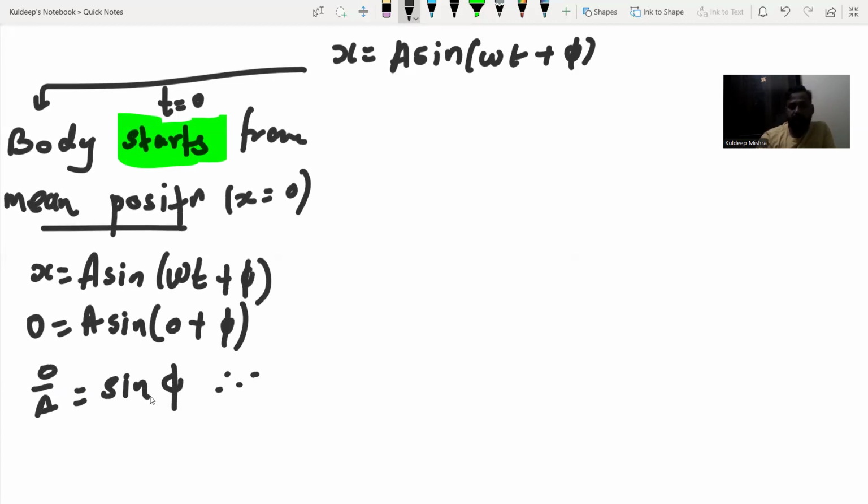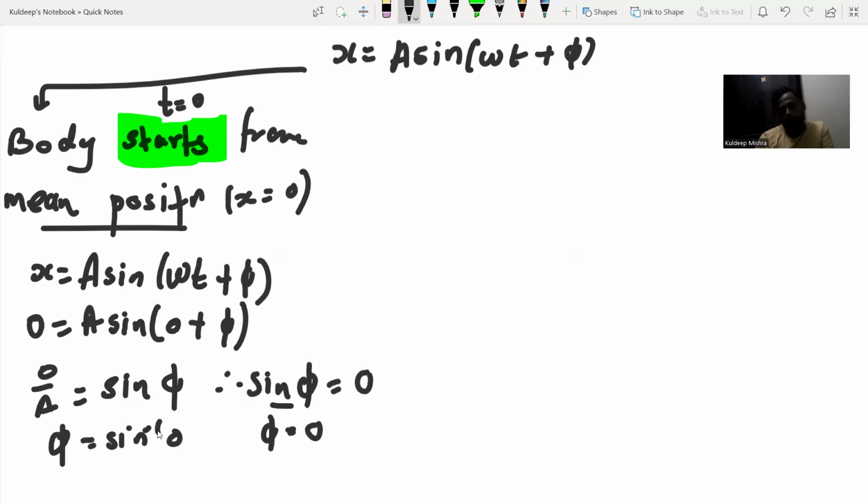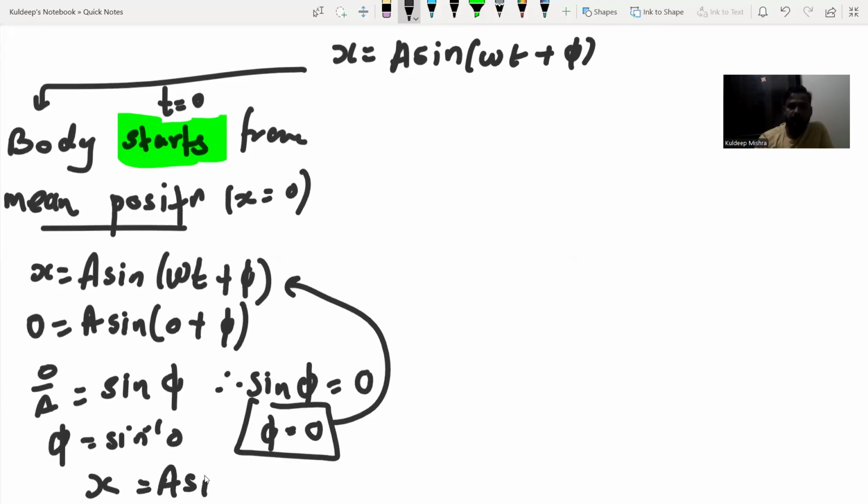That means sine phi is equal to 0, phi is equal to sine inverse of 0, so phi is also 0. If you put this here, you just get x is equal to a sine omega t. This is the final formula for a body which is starting SHM from mean position.